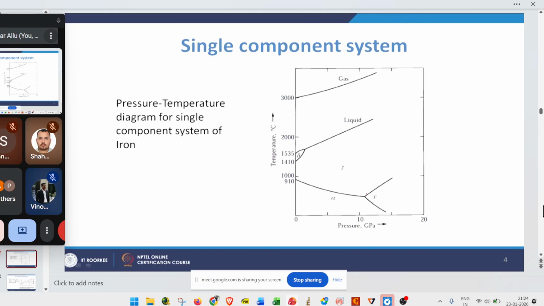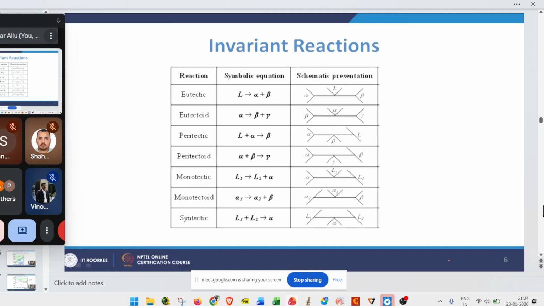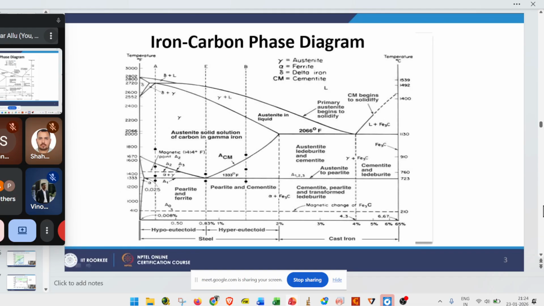Next, coming to the metallurgical aspect, the first thing we have to see is the iron carbon diagram.